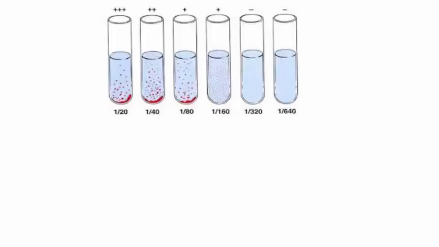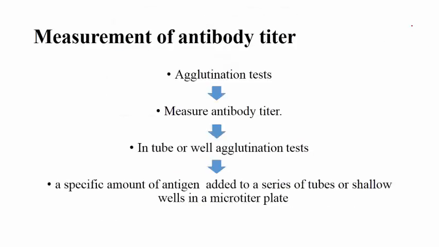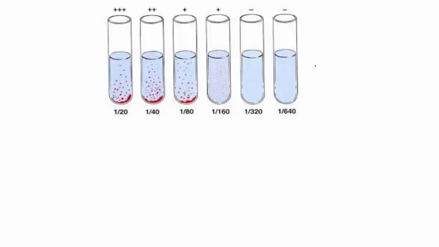Now, these applications, like mycoplasma detection, fungal serology detection, and yeast detection, are called qualitative detection. But apart from this, the agglutination test is also used for quantitative detection. To measure the antibody titer, this agglutination test is used. The most commonly used agglutination test for quantitative detection, that is, to detect the antibody titer, is the Widal test, right? In this experiment, a specific set of tubes is used.